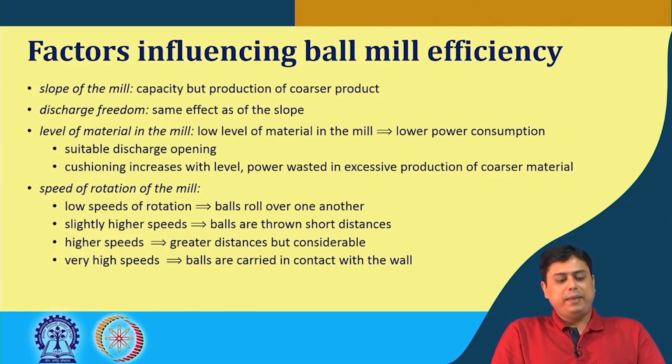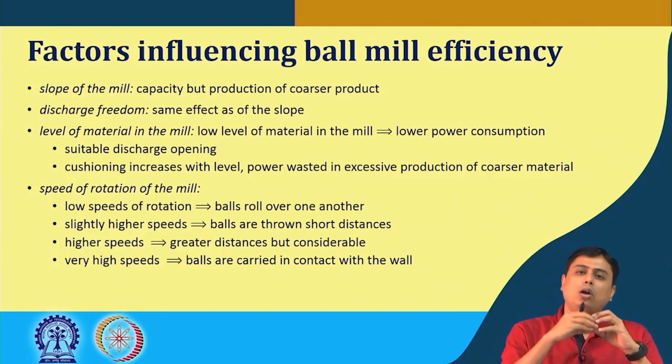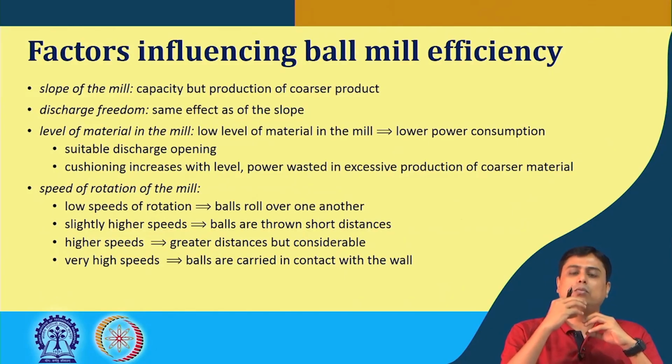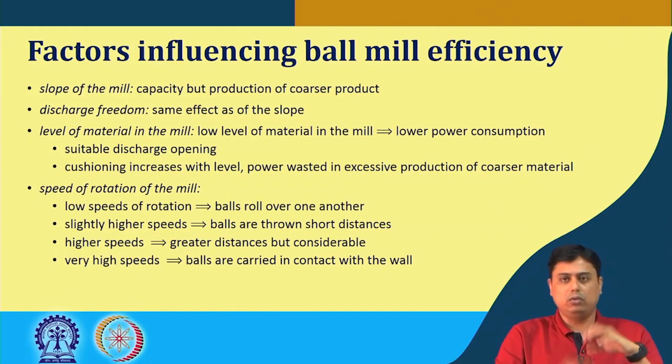The speed of the rotation of the mill is not the last but one of the vital components, because this whole operation is based on this criteria. This effective operation of a ball mill is based on the ball being in contact with the solid wall, going to the upmost position and then falling.